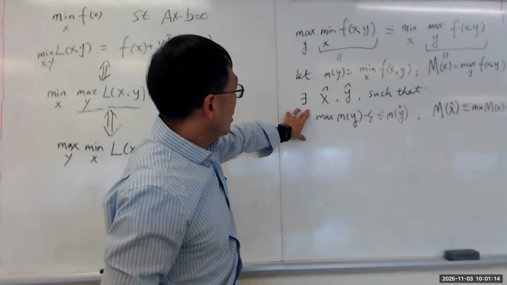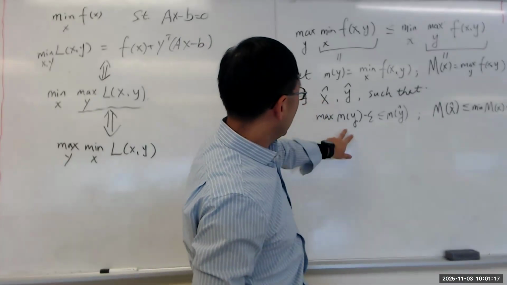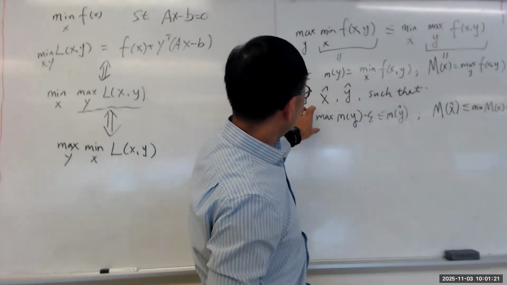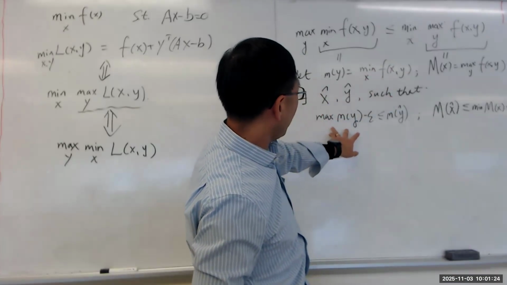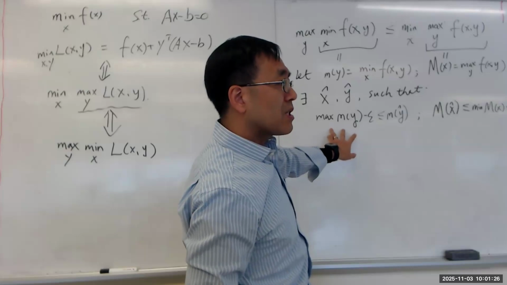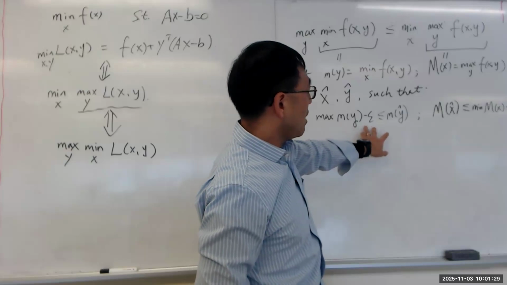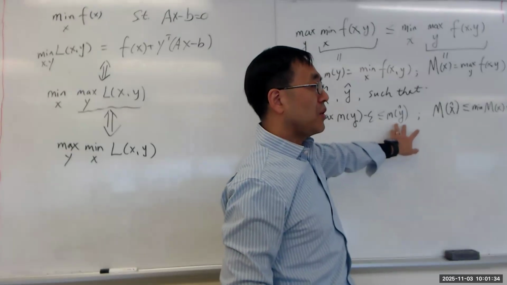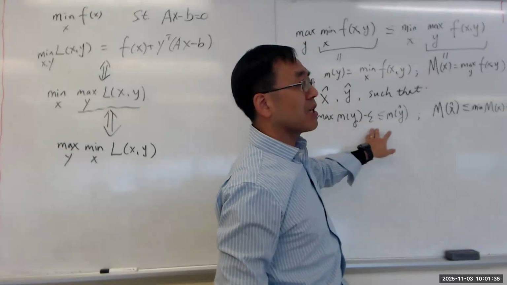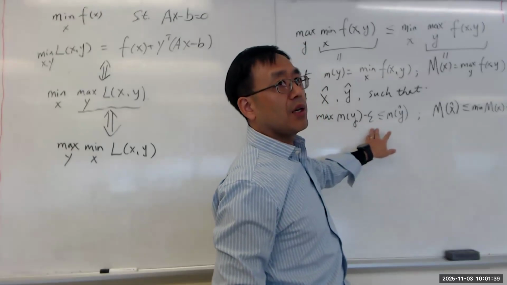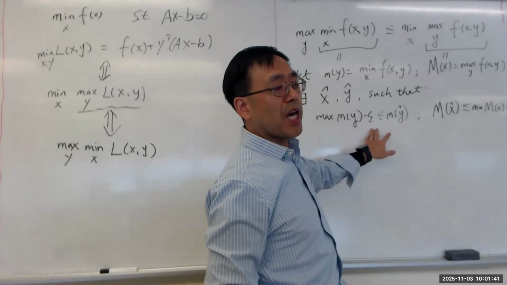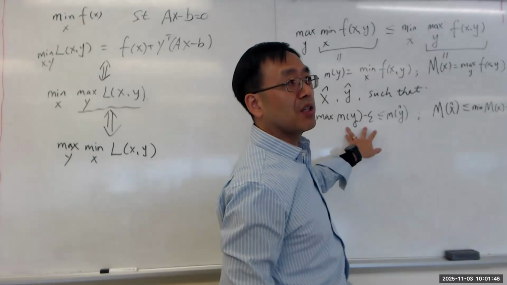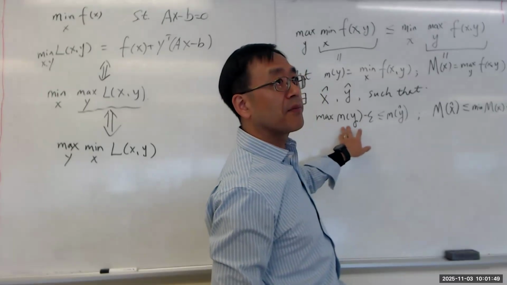This means that because m(y) is the minimum of this thing, if you maximize this m(y) and subtract some epsilon, you can always find some y hat which is bigger than the maximum value minus some epsilon. You can always find that point, right? Because if you can't, then this point would be the maximum, which it cannot be, because we know the maximum is this guy, right?